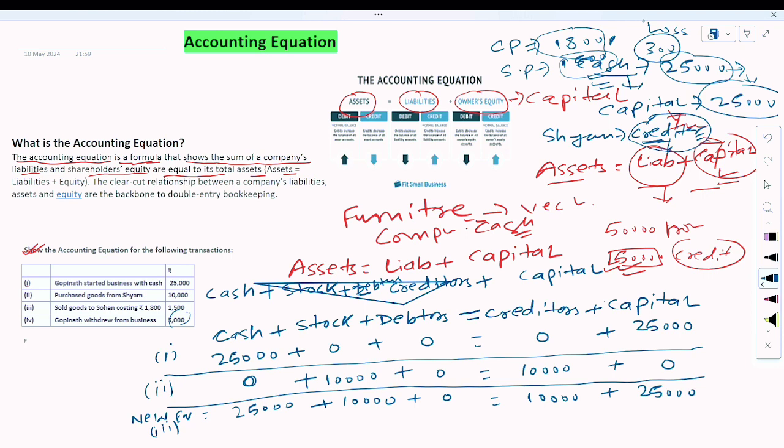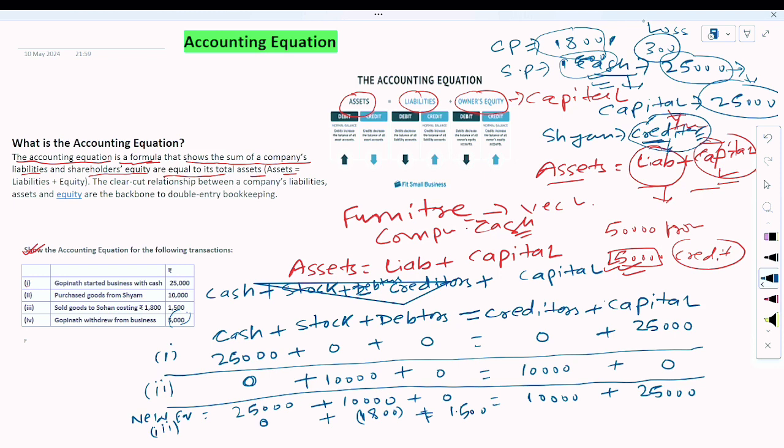It means there will be no impact on cash. You are selling goods whose cost price is 1800, so the value of stock will be reduced by 1800. Debtors value: how much will you collect from your debtors? 1500, because the selling price of goods is 1500.